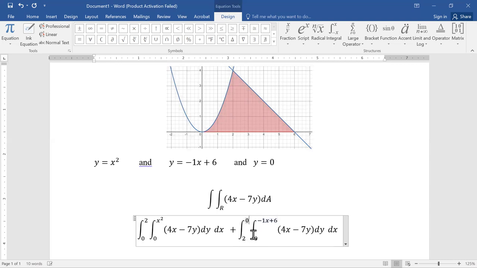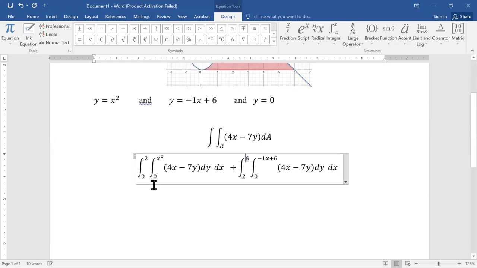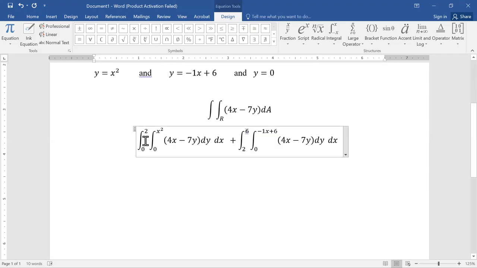Notice that my outside integration, if I want to find an actual value, has to be numerical values. My inside could have expressions in it.